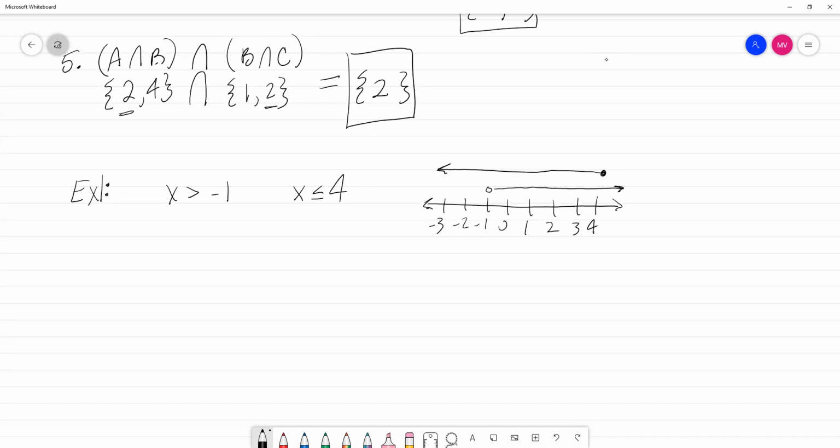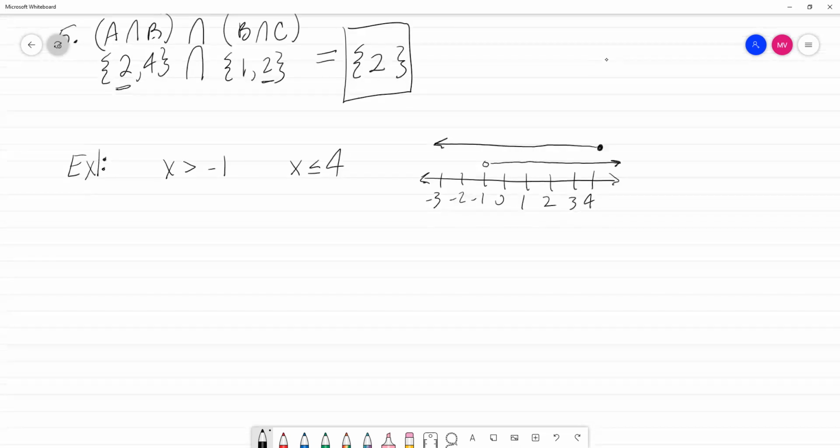So what is true for both of these inequalities? Not -1, right? x is not -1, but it's greater than -1 and less than or equal to 4. So every value from -0.99, which is greater than -1, to 4 is a true solution for both of these inequalities. Does this make sense? No? Okay, we'll keep practicing.